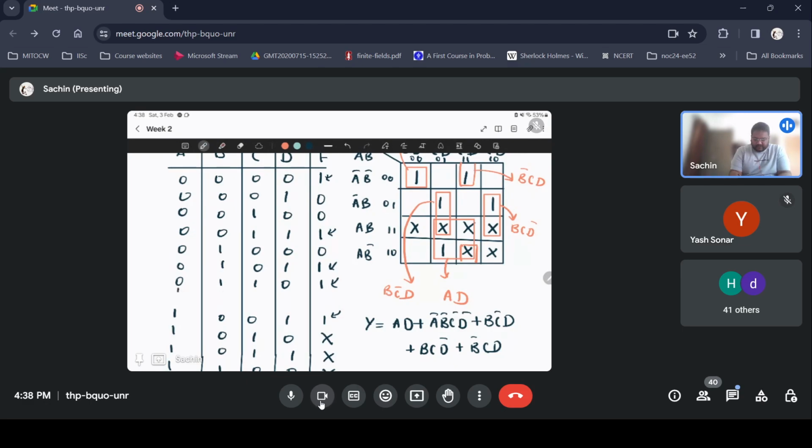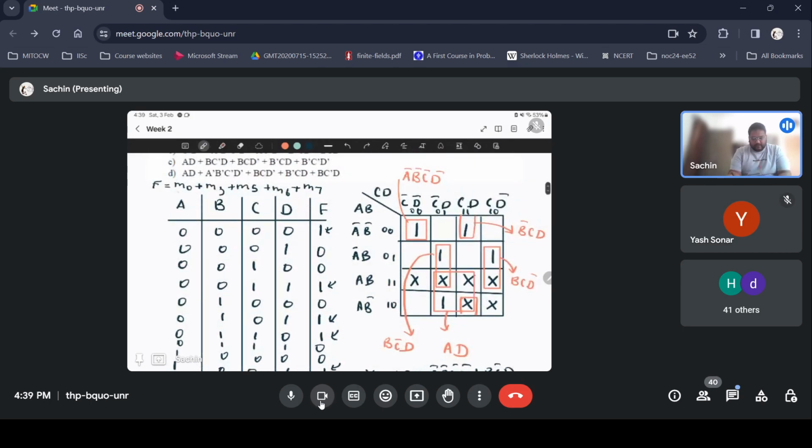Plus 6, that's a 7, 0, 1, 1, 1, which gives you 0 output, and then there's 8. So it didn't matter because this was giving you a 0 output anyway. Okay, so this is the canonical sum of products form of this function.